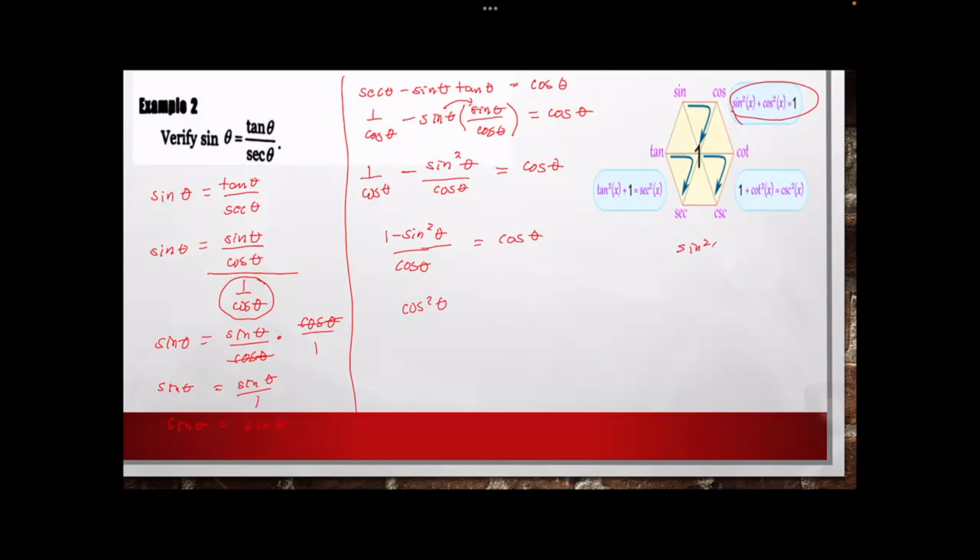From sine squared theta plus cosine squared theta is equal to 1, ilipat lang natin ito dito. So, magkakaroon tayo dito ng cosine squared theta is equal to 1 minus sine squared theta. So, yun po yun. Yung 1 minus sine squared theta is equal to cosine squared theta all over the cosine theta is equal to cosine theta. So, cancel natin siya. May matitirang isa. So, cosine theta is equal to cosine theta. So, equal na sila.